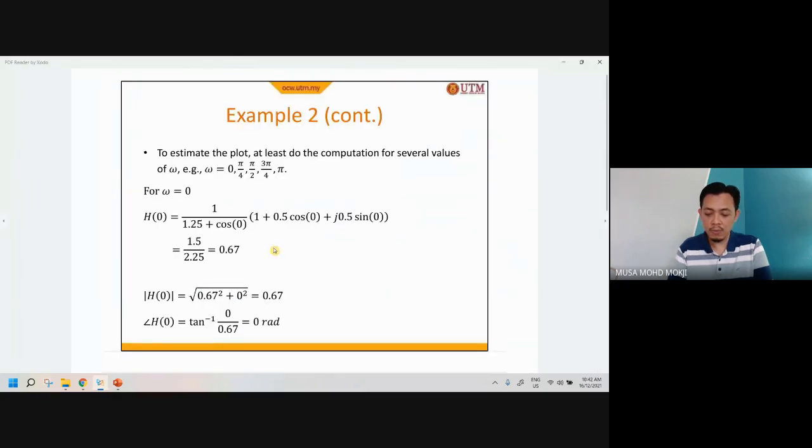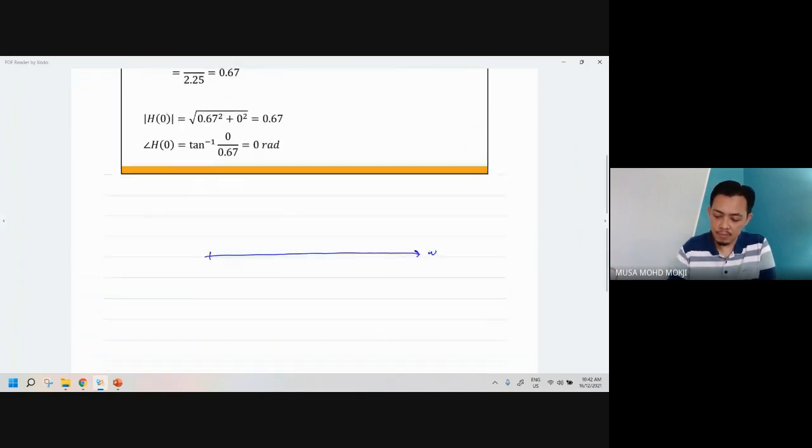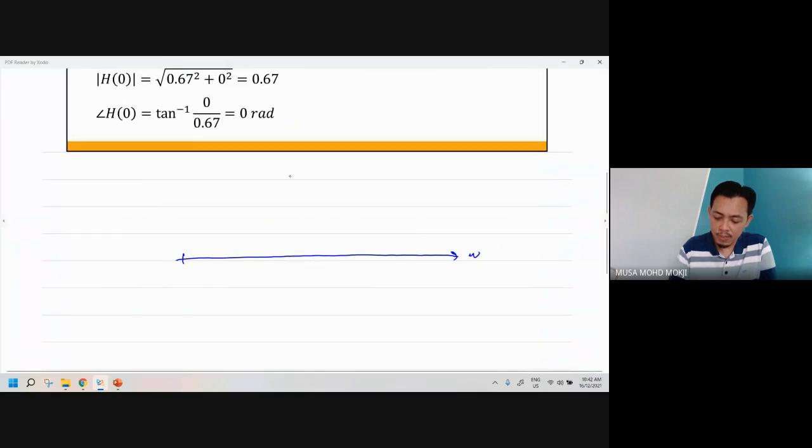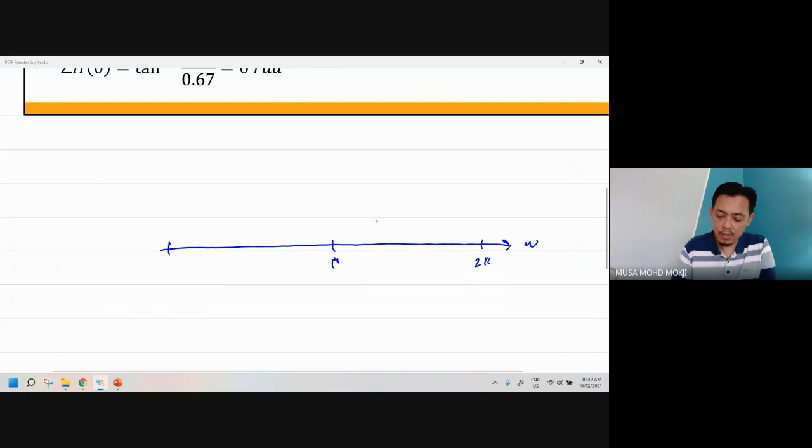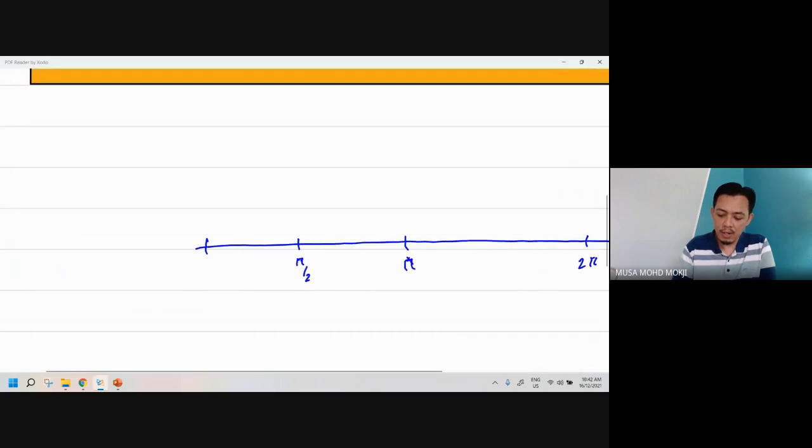Here we will do 0, pi over 4, pi over 2, 3 pi over 4, and pi. Pi is here, and your 2 pi is there. This is pi over 2, this is pi over 4, this is 0, this is 3 pi over 4.